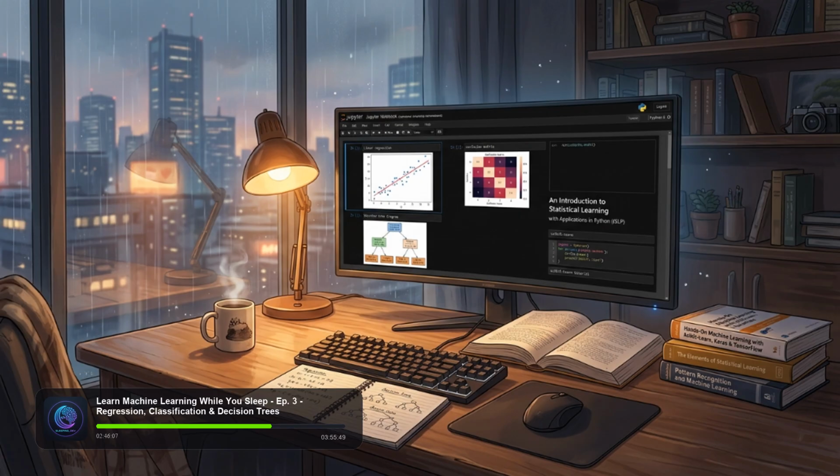In conclusion, ensemble methods represent a powerful paradigm shift from individual fragile estimators to resilient collective architectures.